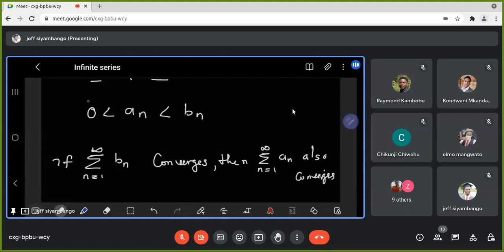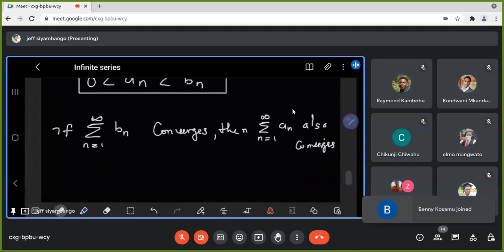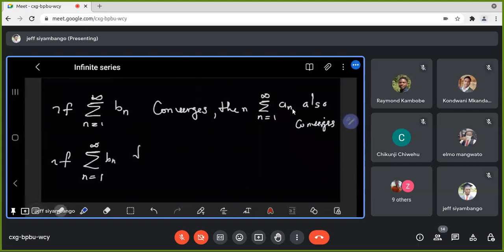So provided these conditions are satisfied, if Bn converges, even An converges. In the same way, if Bn diverges, then even An will diverge. So if the sum to infinity of Bn diverges, so will the sum to infinity from n equals 1 of An.